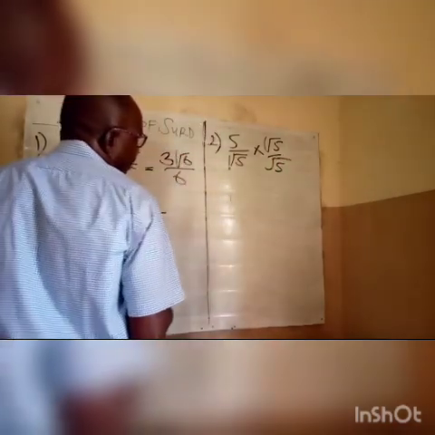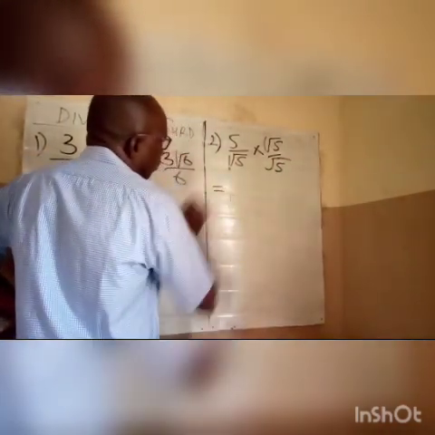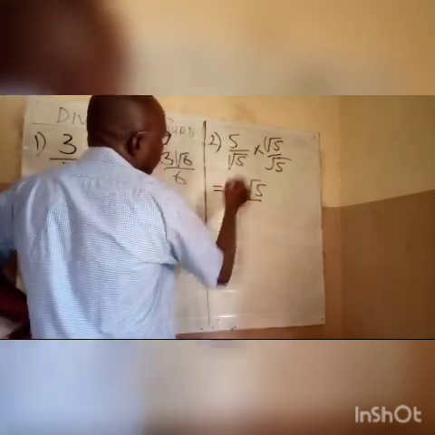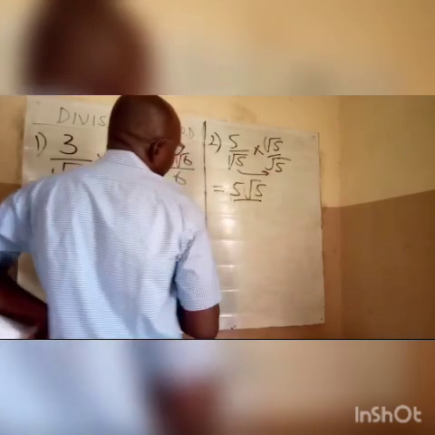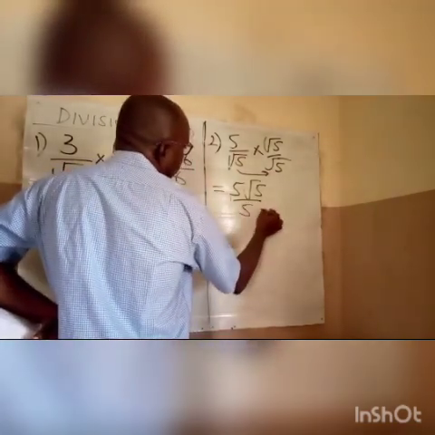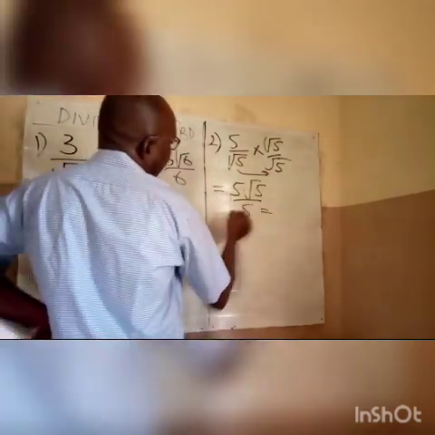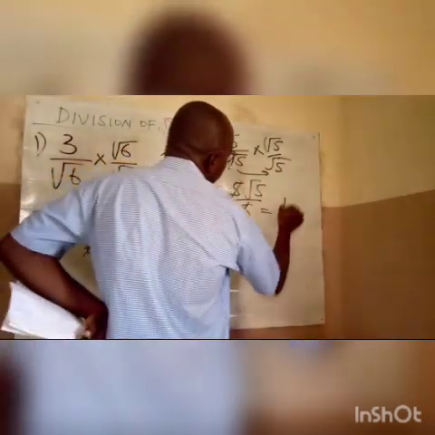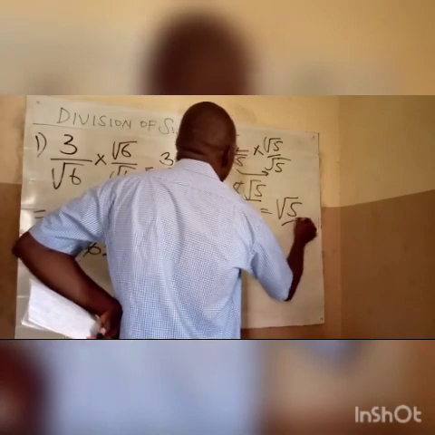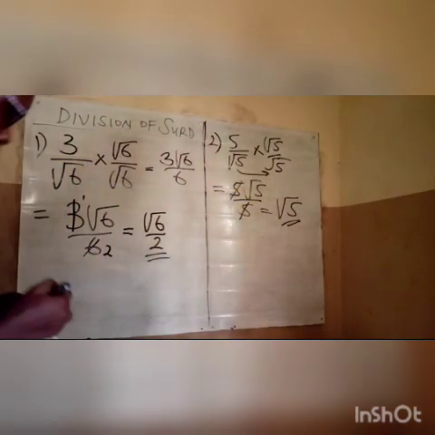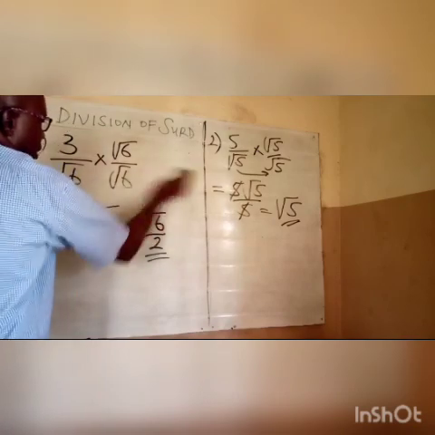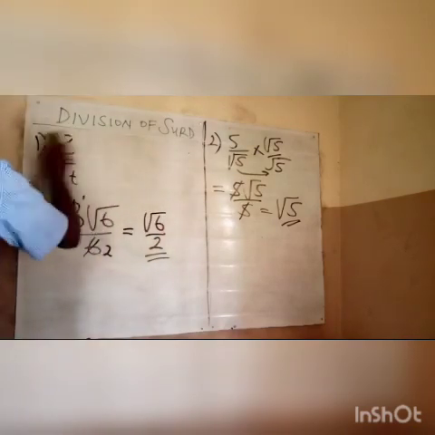The same method is applied here. You now have 5 root 5 over root 5 multiplying root 5, which gives you ordinary 5. So at the end, you can simplify further by 5 dividing 5 giving 1, and you now have root 5 as your answer. We are going to take a more complex one and see how to go about it.